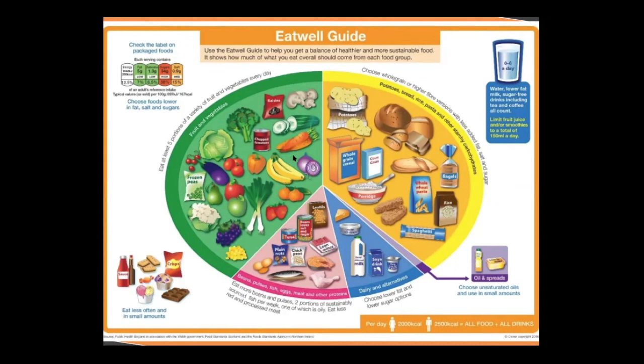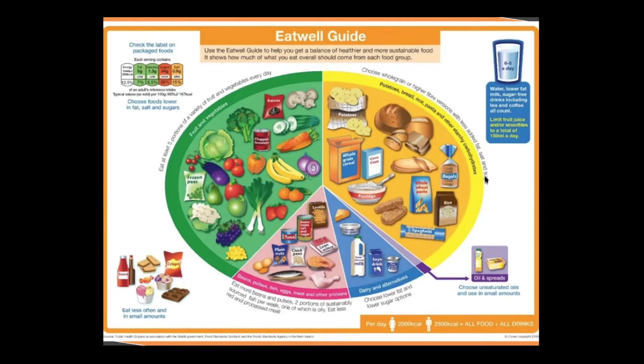If we look at the whole grain, the starchy carbohydrate side, we'll come to the critique of it in a moment, but one thing it does make clear is it says choose whole grain or higher fiber versions with less added salt, fat and sugar. We definitely like the message there asking people to eat more whole grain foods, where the grain's intact, which suggests it's less processed.